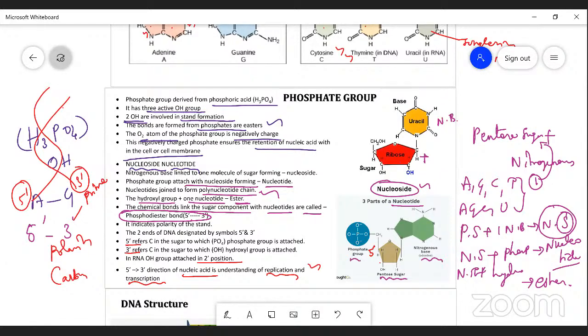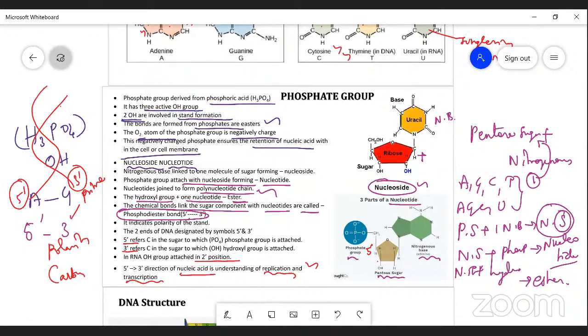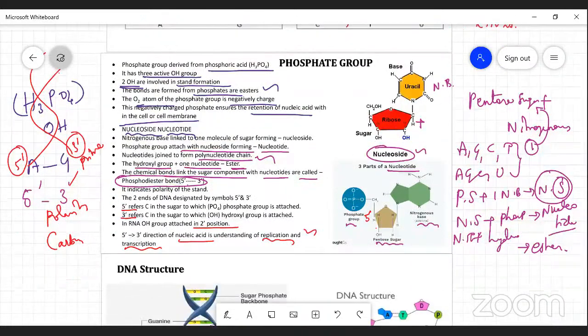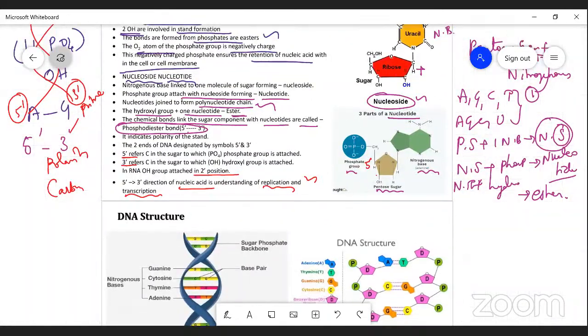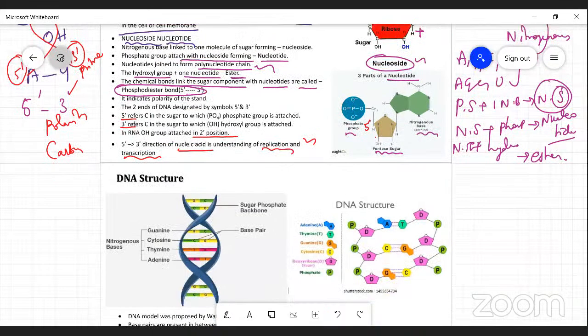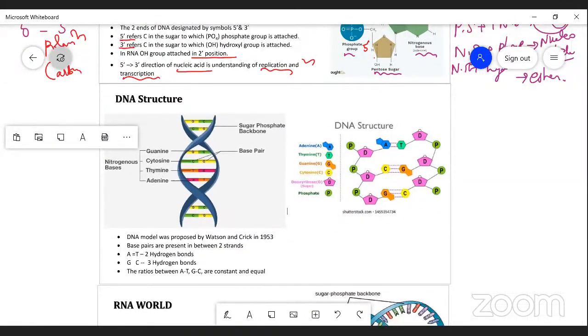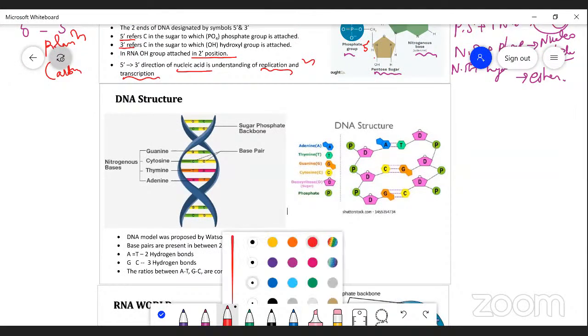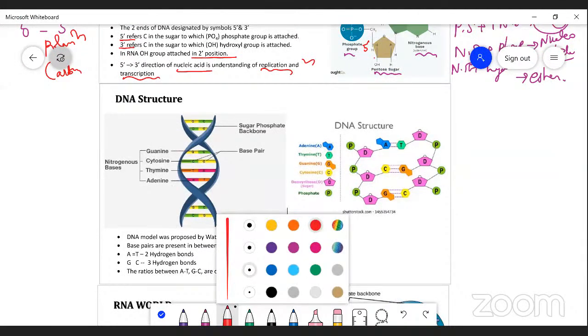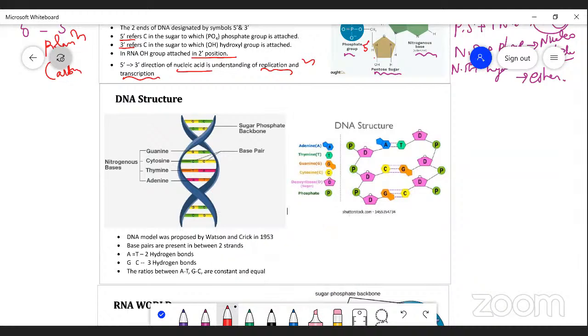Okay, next one, sir. Now we are talking about the DNA structure. The DNA model was proposed by Watson and Crick in 1953.